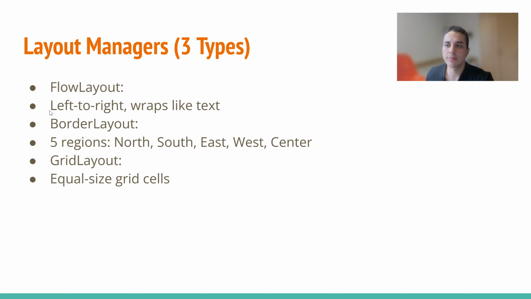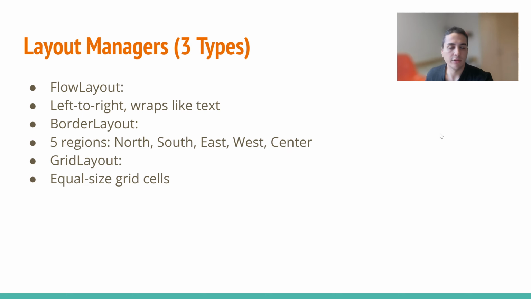Next we have BorderLayout, which arranges components into five regions: north, south, east, west, and center. Each region can hold at most one component. North is the top, south is the bottom, often used for headers and footers, the way a website works.